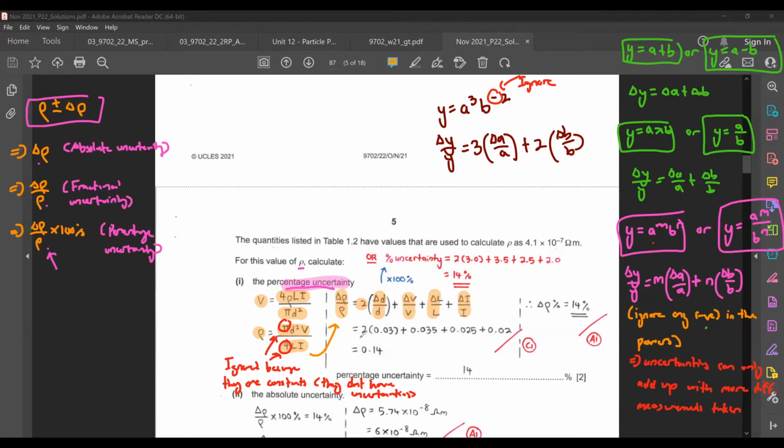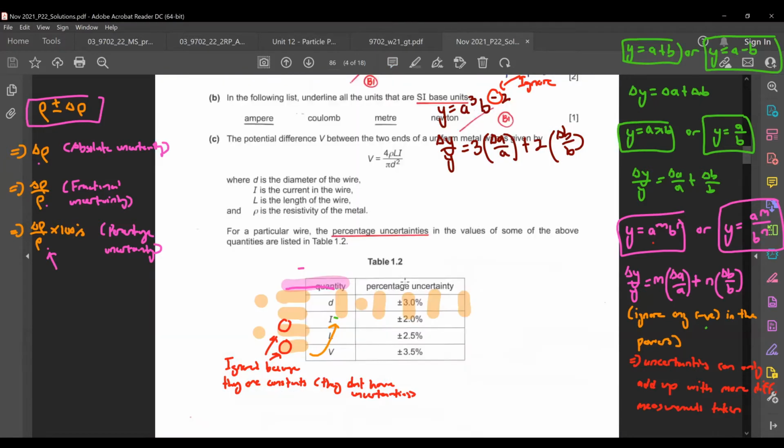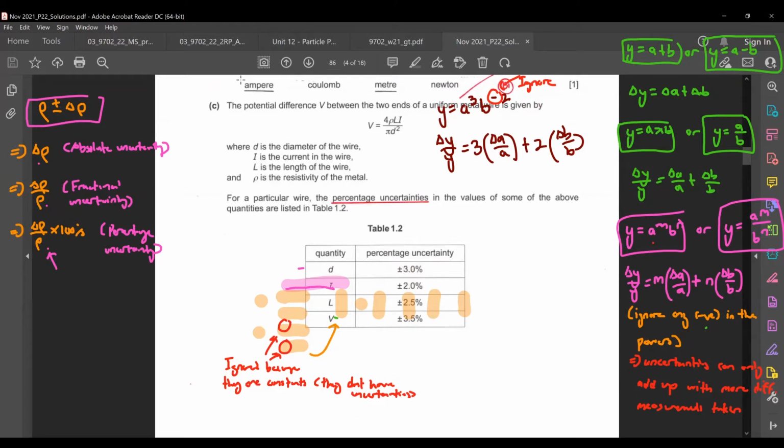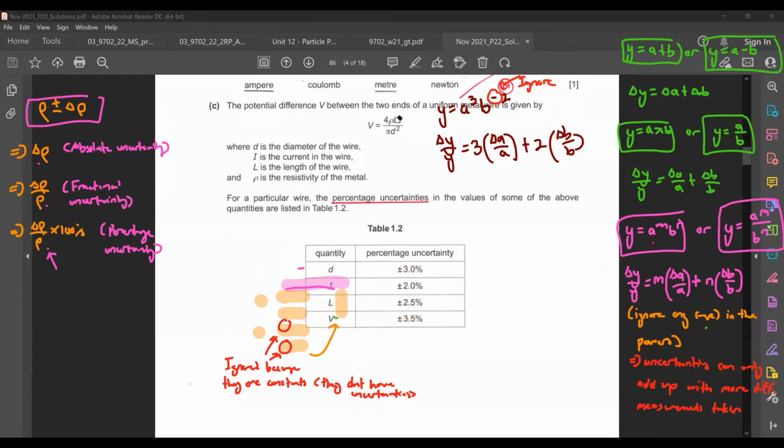Okay, so now that you have this expression here, all you just need to do is add in the values. In my case, I already know all the percentage uncertainties of the values given here. If I wanted to get the fractional uncertainty for this table, all I just need to do is divide by 100. So this one is 0.03, 0.02, 0.025, 0.035.